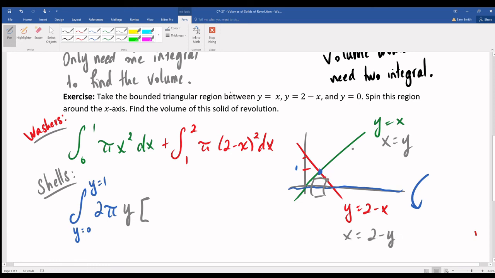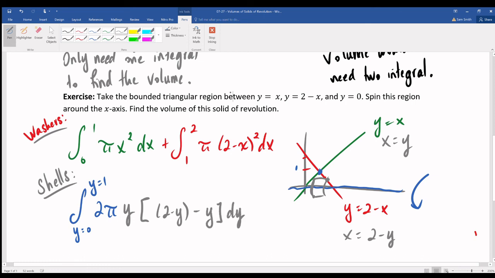Now the topmost x is given by the red function. This is the largest x, so I would put 2 minus y in the lead. And then the bottommost lowest x value is given by the green function, so I would put x equals y in the back.